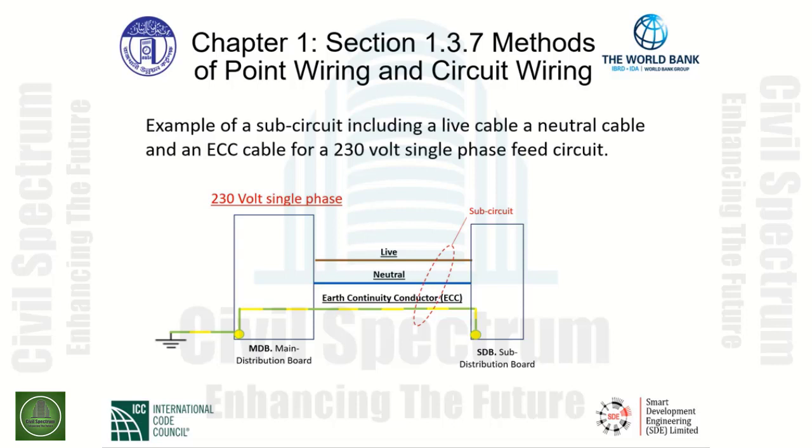From this board, we have a sub-circuit consisting of a live conductor, a neutral conductor, and an earth continuity conductor, ECC. This may be run in a conduit, galvanized GI pipe, to the sub-distribution board. This is correctly indicated as a sub-circuit.